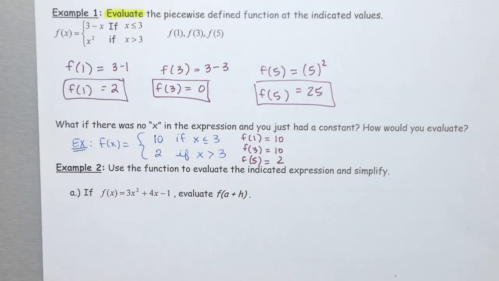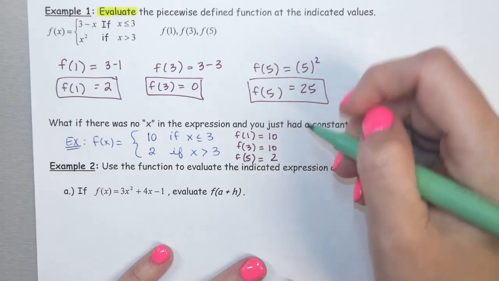So how would you evaluate if you just had a constant? Your solution is always going to be that constant if there's no x term.